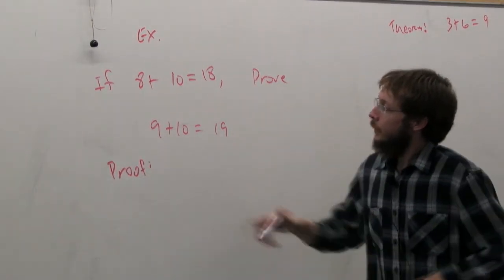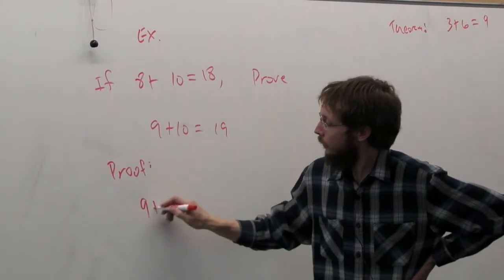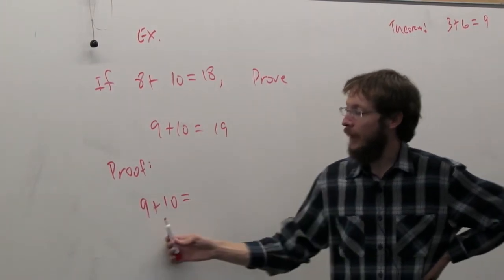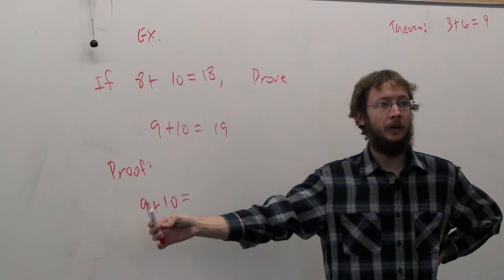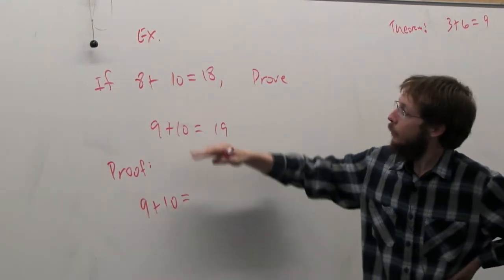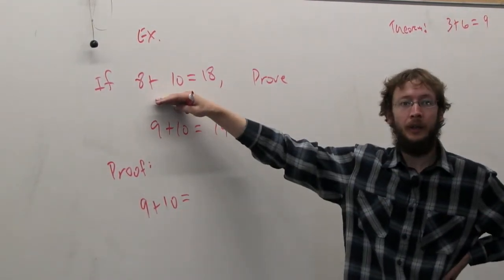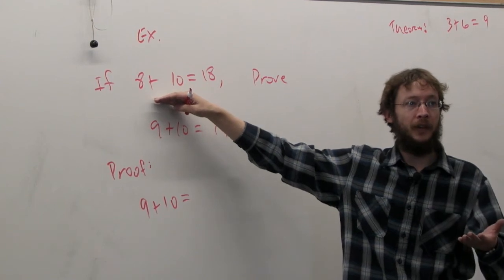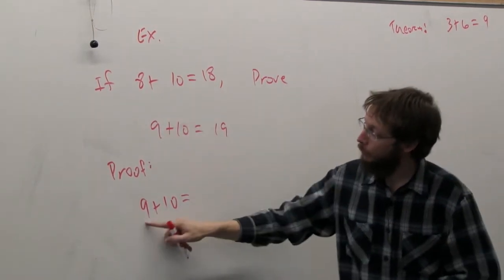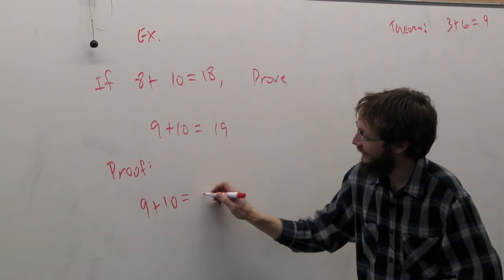Okay, so 9 plus 10, we'll start there. We basically just have to back up until we reach a known addition fact. We're assuming that we've proved this already, so we have to back up until we reach that proven addition fact. So let's back that 9 up.